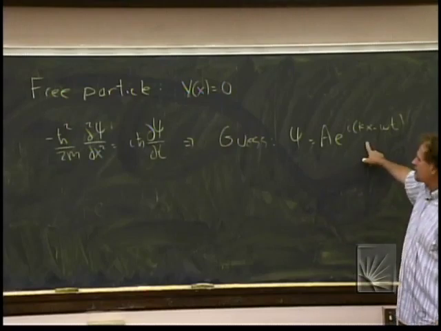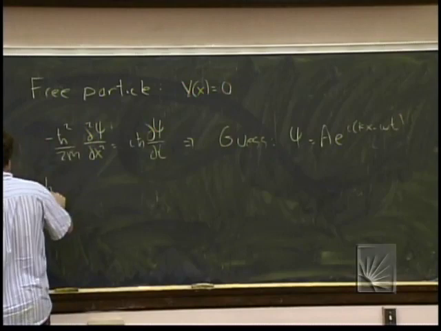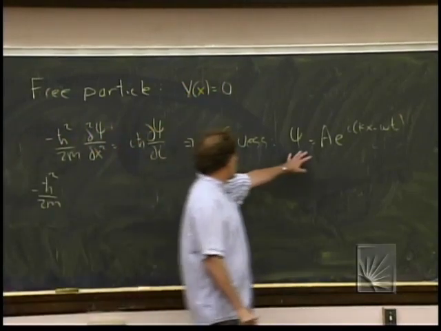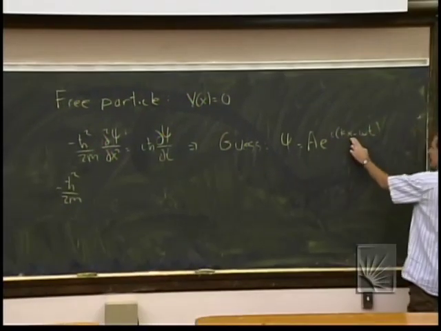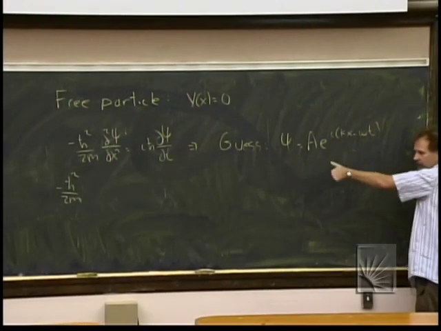And we guess that. So let's plug in minus h bar squared over 2m. I'm going to take the derivative of this twice with respect to x. Isn't it obvious that ik comes down once, twice?